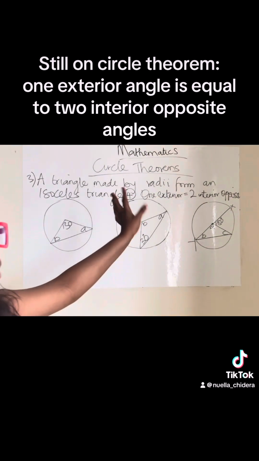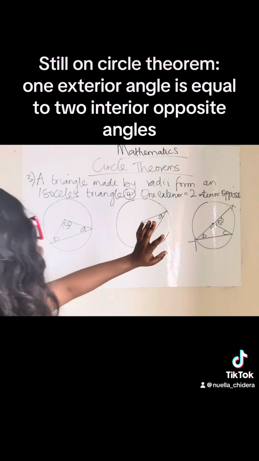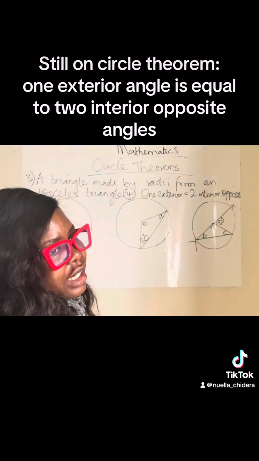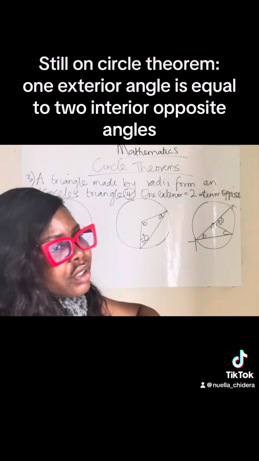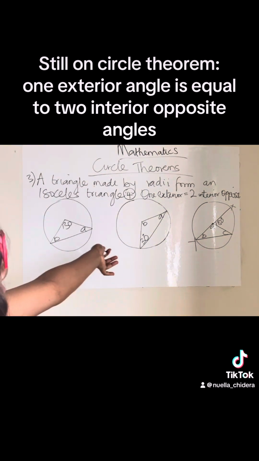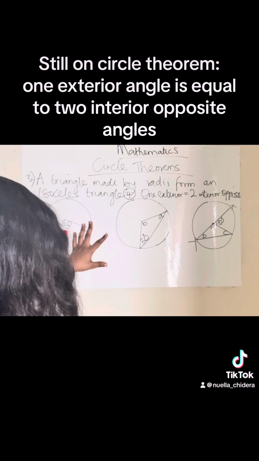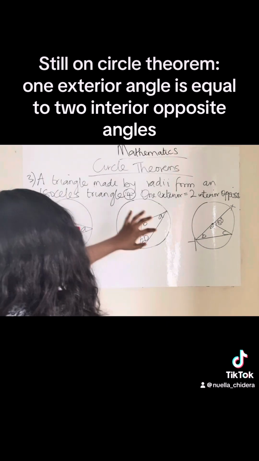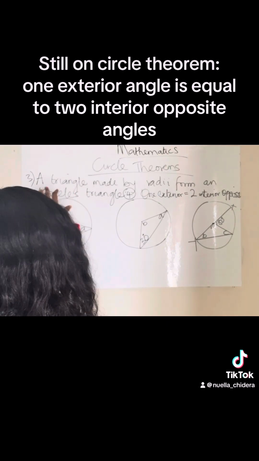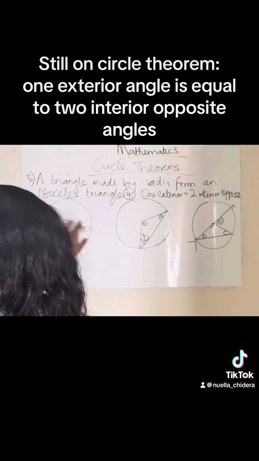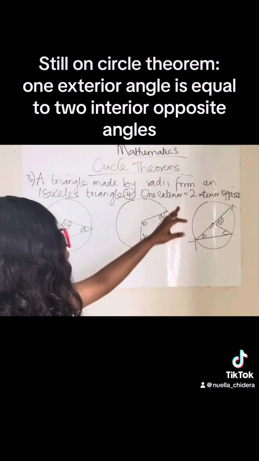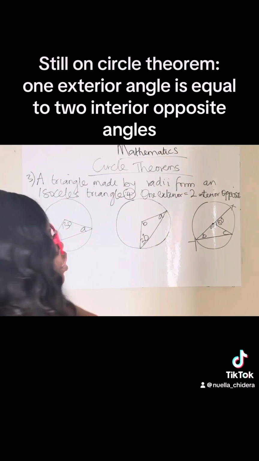So I'm going to incorporate two circle theorems together with these examples. We may be meeting other theorems while solving them, but let's just do the first one, which says that a triangle made by radii forms an isosceles triangle.